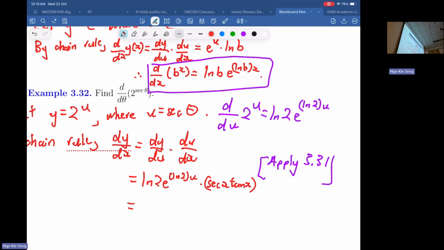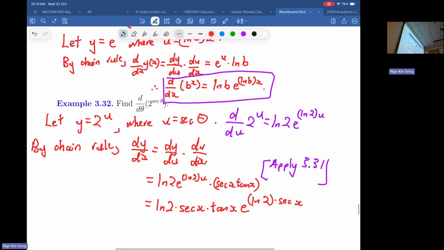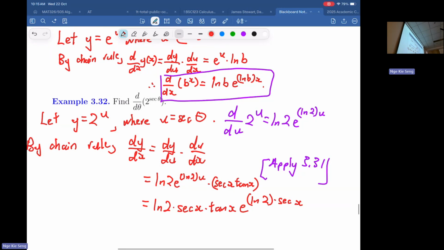Then you put everything together. So ln 2 times secant x times tangent x times e to the ln 2 times u, where u is secant x here. But your question is on theta, right?